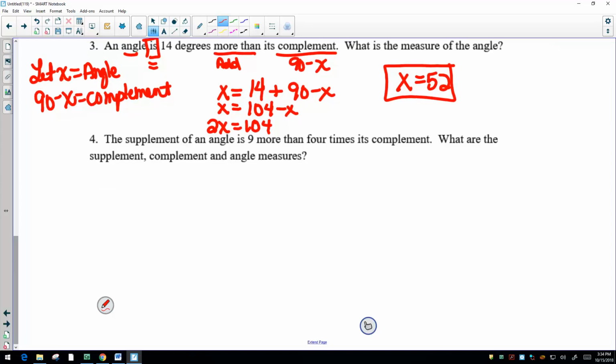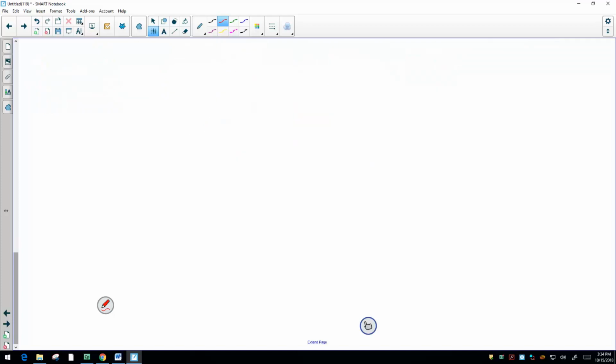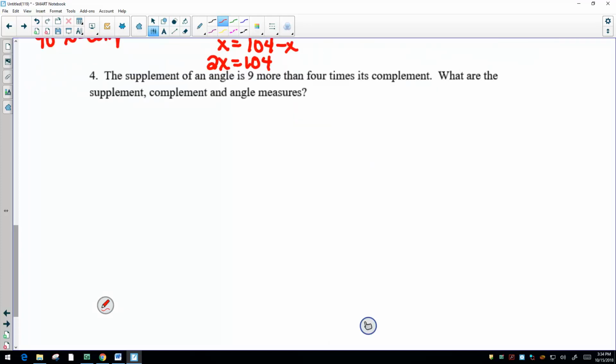One more problem we have to try. And again, we're going to try and diagram this so that we can hopefully break the words down and see our equation. So first thing I have is the supplement. Well, we said from above our supplement was going to be 180 minus X. Of an angle is, there's my equal sign. 9 more than, so again, more than, I typically think add, 4 times is multiply, its complement, and we have our complement of 90 minus X. So you have to find the complement, the supplement, and the angle measures.